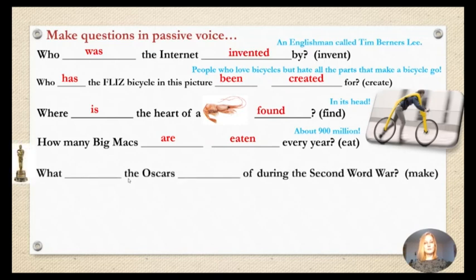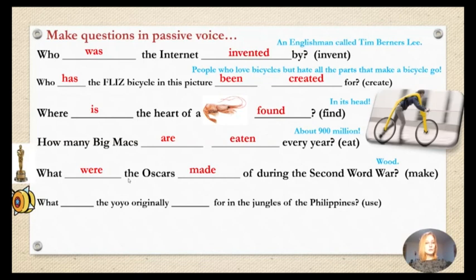The next one. This is the Oscar, and we have during the Second World War. We know that it was in the past, so we have the Oscars, plural. What were the Oscars made of during the Second World War? They were made of wood. Okay.